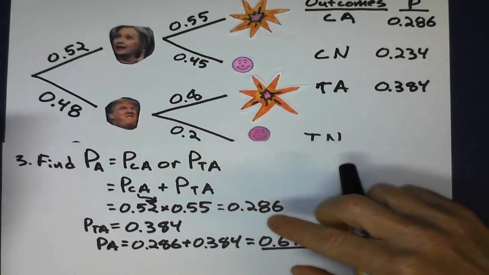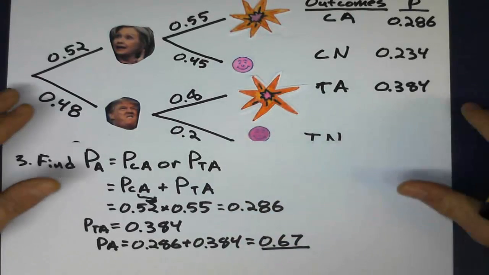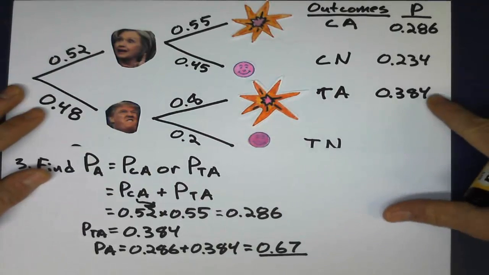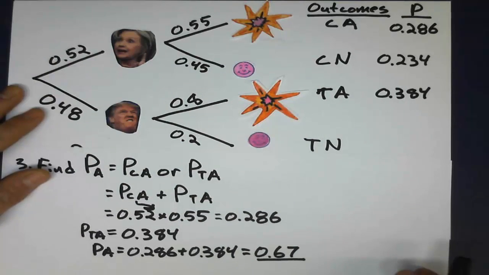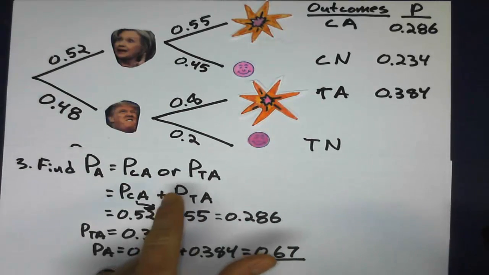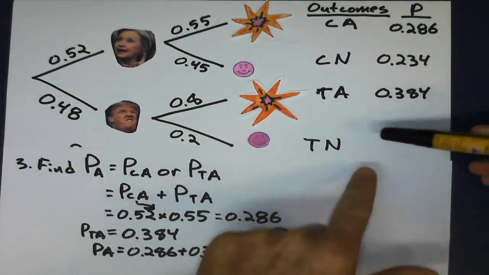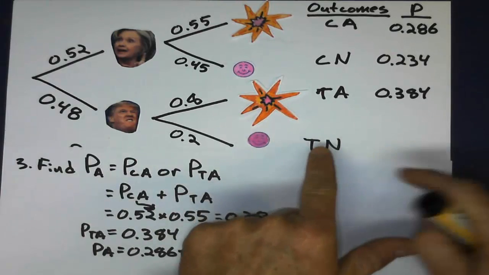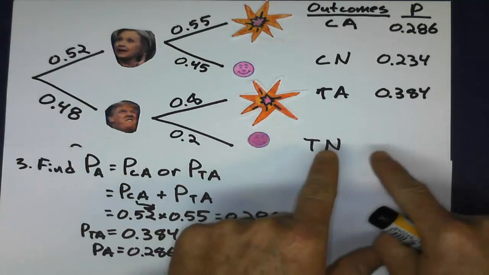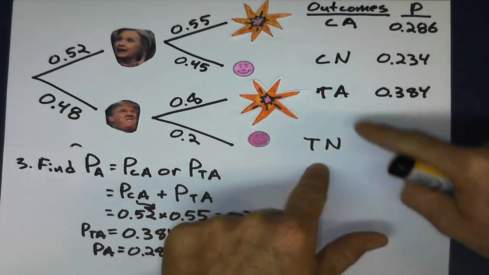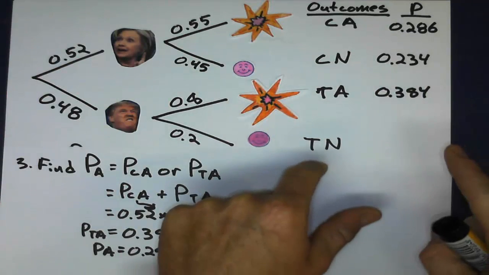Okay, so not the neatest work here, sorry about that. But that's how this concept is slightly different than the other one, because it has an addition. Finally, if I wanted to figure out the probability of Trump and no apocalypse, because that's certainly an option, the sum of all these probabilities over here has to equal 1. I could do it a number of ways.